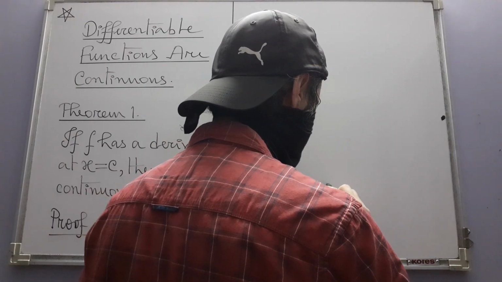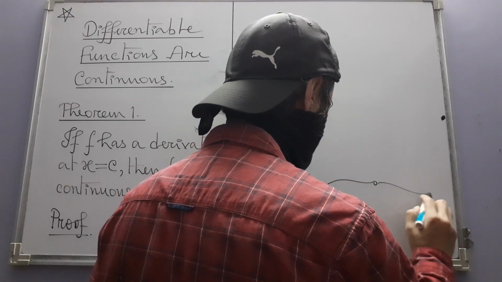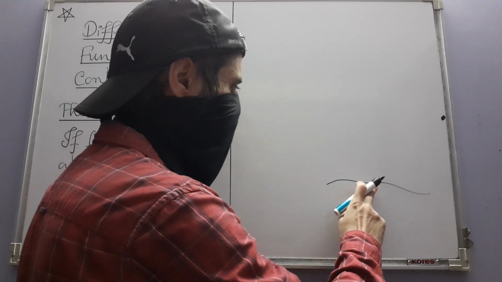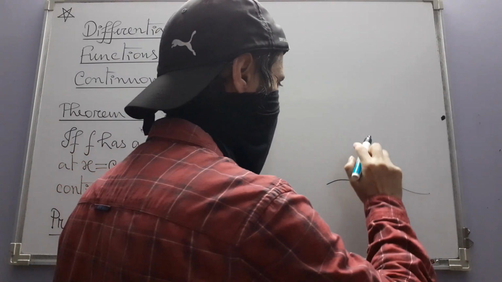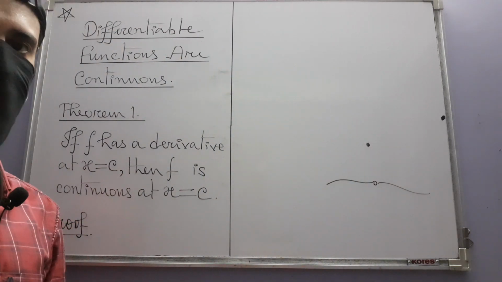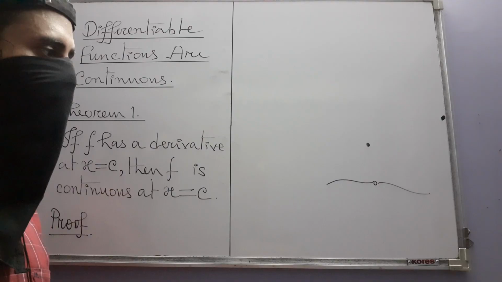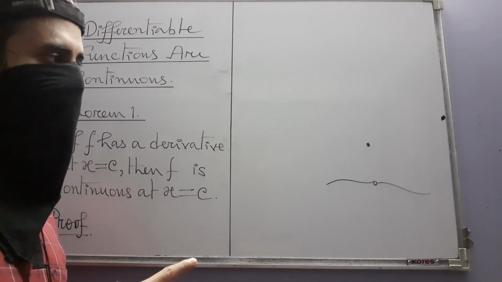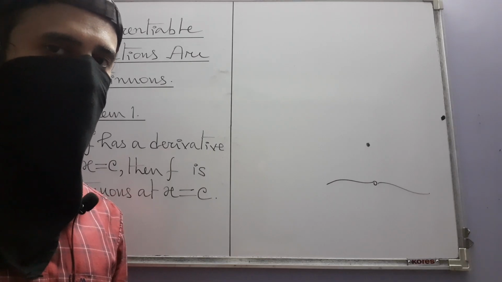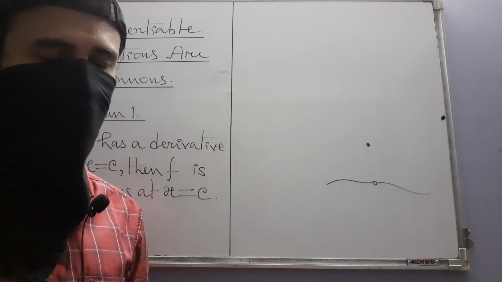You may remember if I draw this, the graph is like this, from which a single point is missing. In place of that point, there is another isolated point which is also a part of the graph. At such a discontinuity also, the function is not differentiable. Geometrically, the graph has no tangent at that point.